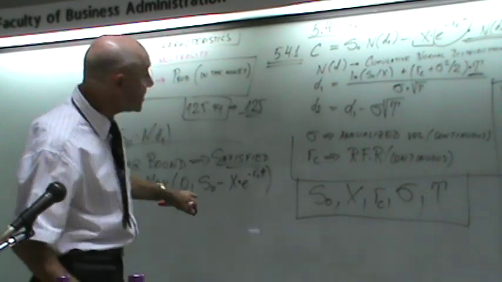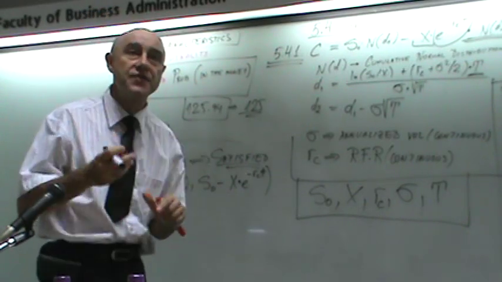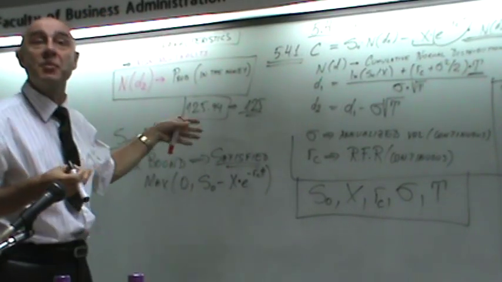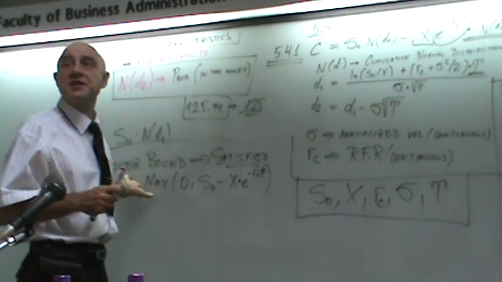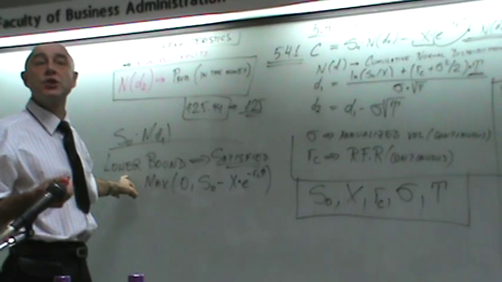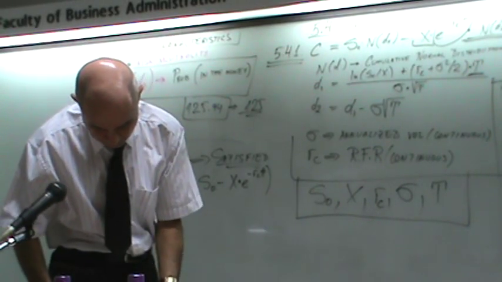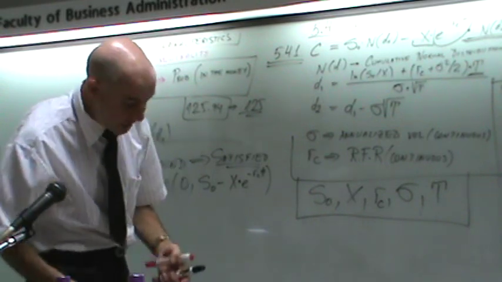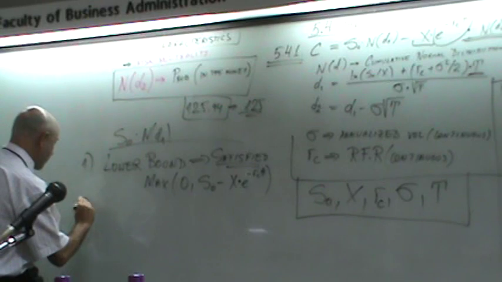So when we look at this, it turns out that these are perfectly satisfied. So it's not a problem, meaning the formula still obeys the rules for the lower bound. So that's the simple one.